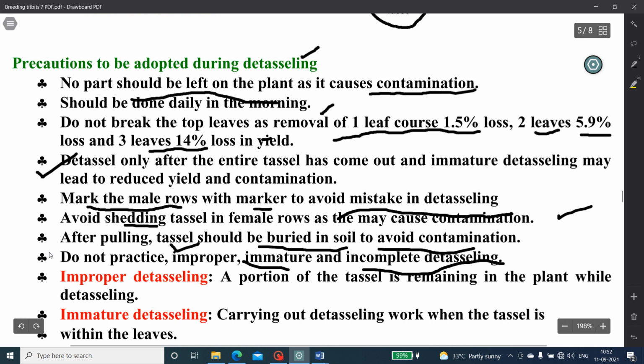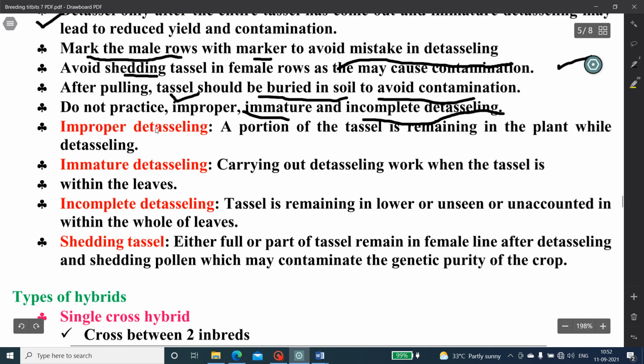Some of the terminologies we can see. Improper detasseling means a portion of the tassel is remaining in the plant while detasseling. That should be avoided. Immature detasseling should also be avoided because it will give a lot of problems, and there is a yield loss also.